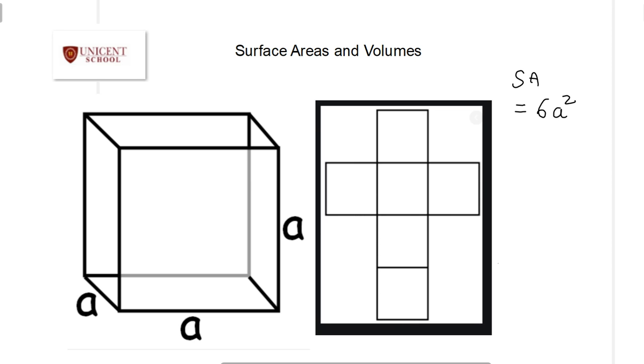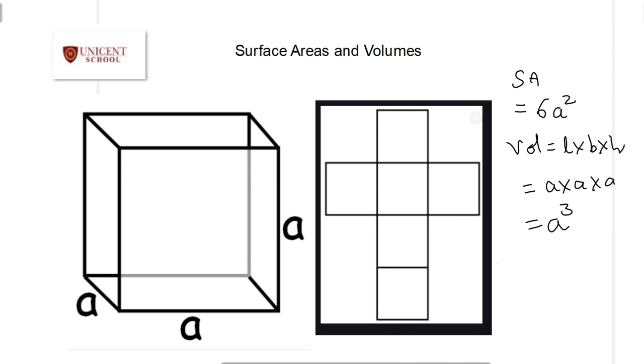The area of each square is a square, so it is given by 6a square units. And if we want to calculate the volume, it is given by length into breadth into height, and we know that in each case it is a units, so it is a cube cubic units. That gives us the volume of the cube formula.